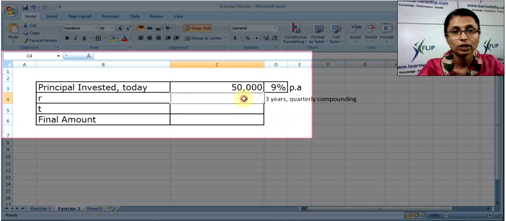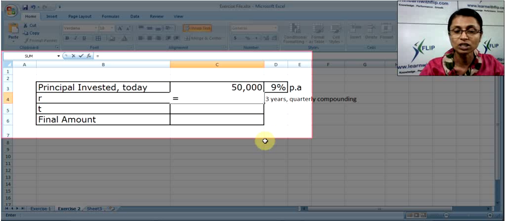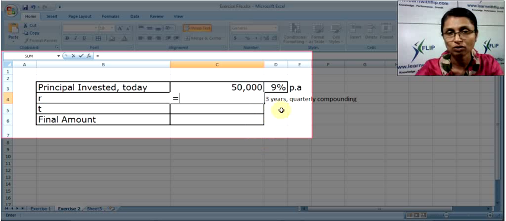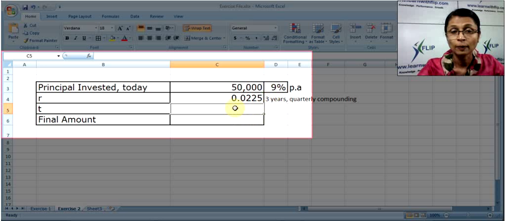Now, what's our R? Is it 9%? No, it's not, because we have been given that the principal is being compounded quarterly. So we need to take a quarterly interest rate. So I'm just going to take this and divide it by 4 to get my quarterly rate. And what is T? 3 years?